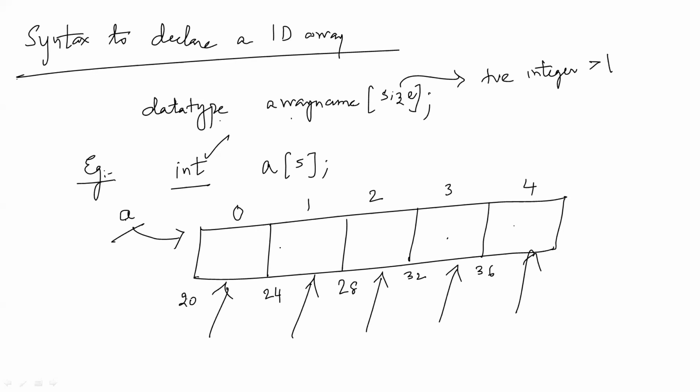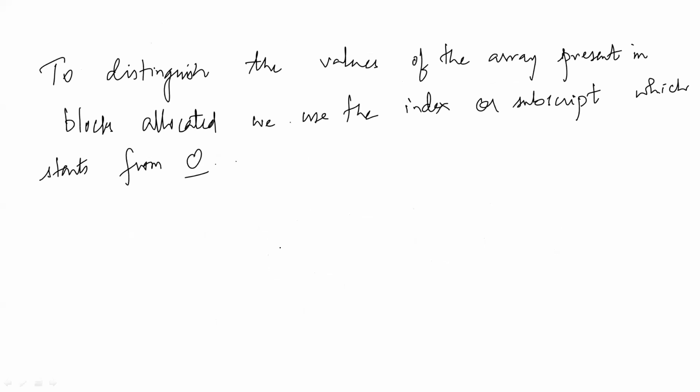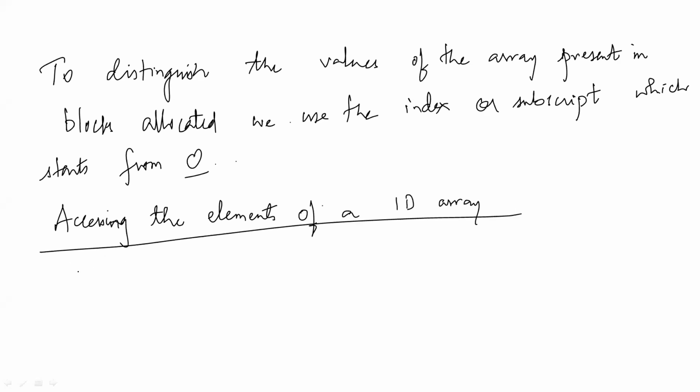So that, in one single word, we are going to say it as accessing. Accessing the elements of a 1D array. So to access, the syntax. Now, what do you mean by accessing?